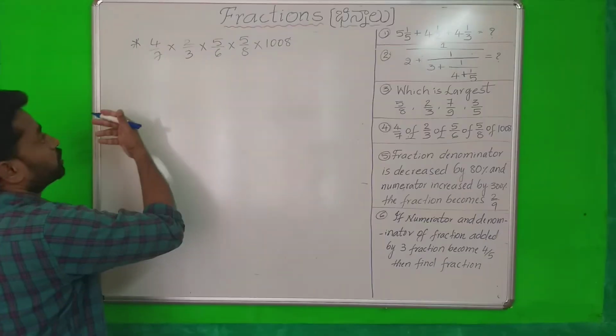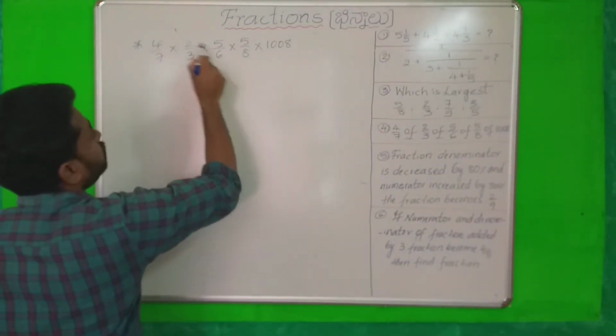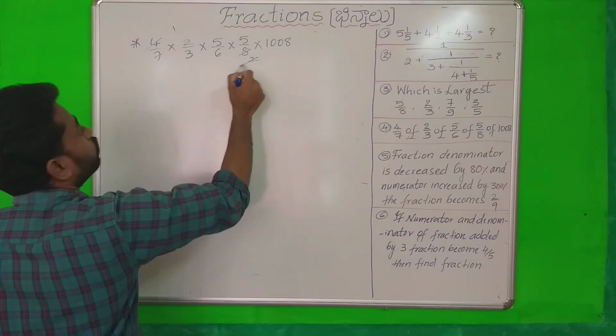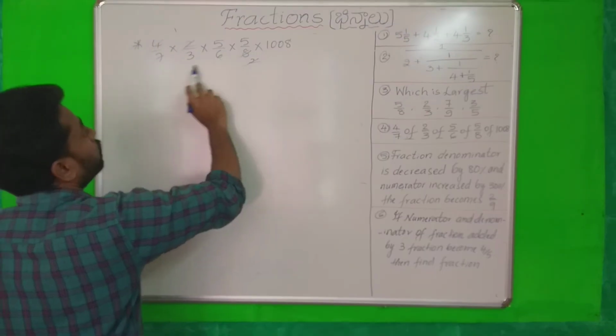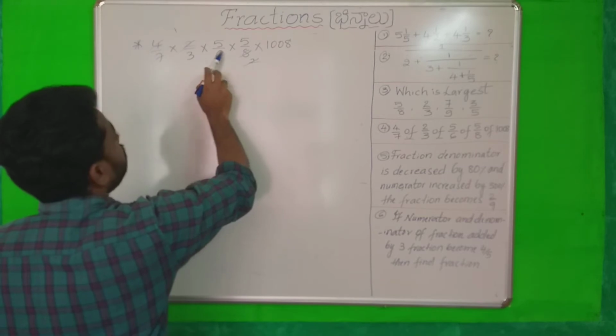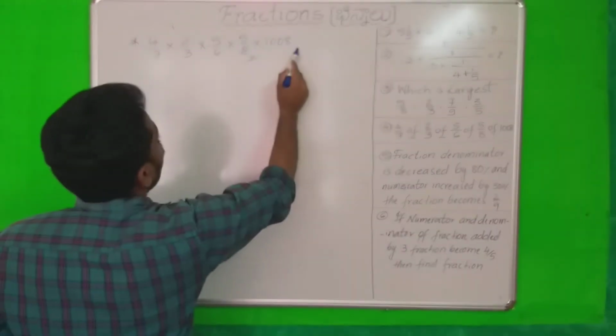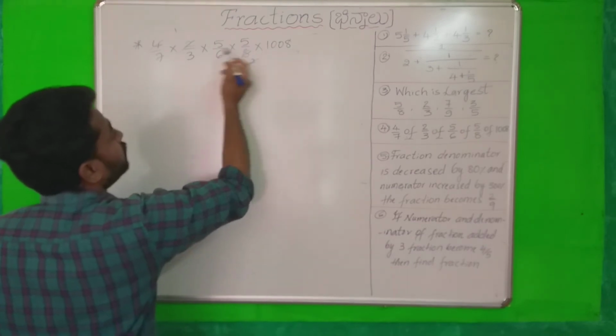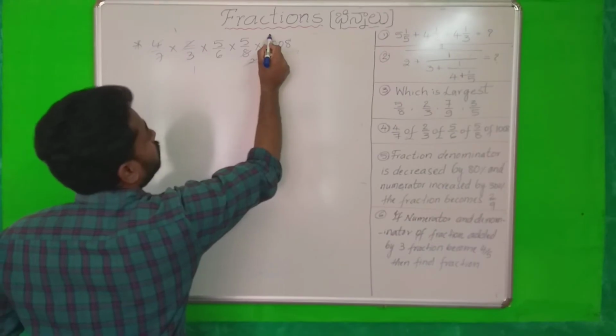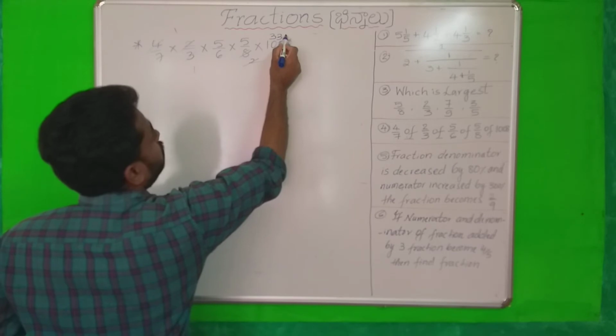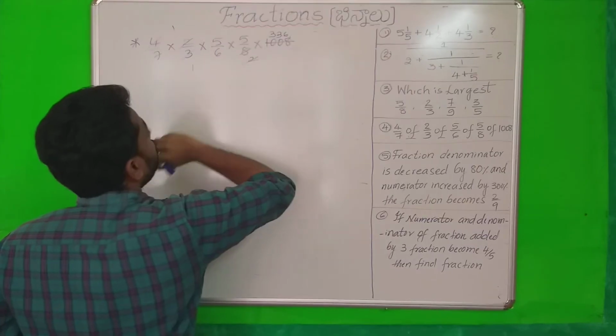Now do the cancellation. 4 1s are 4, 2 2s, and 2 2 will be cancelled. Is there any common divisor for this? No. Next, 1008, is it divisible by 3? Yes. 3 1s are 3, 3 3s are 9, 3 6s are 18, 336.